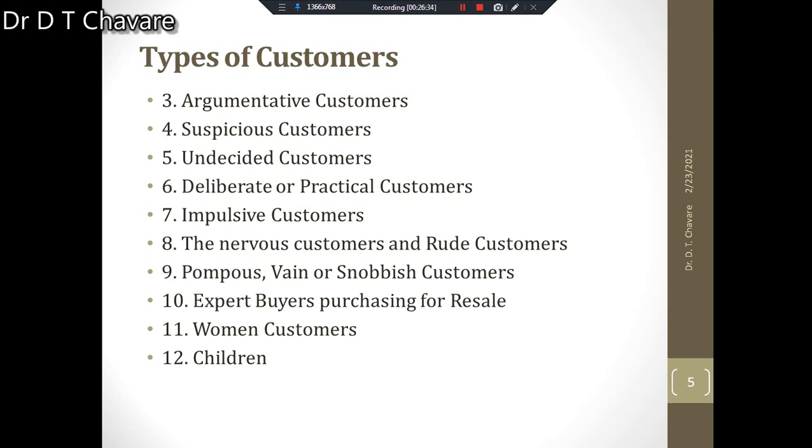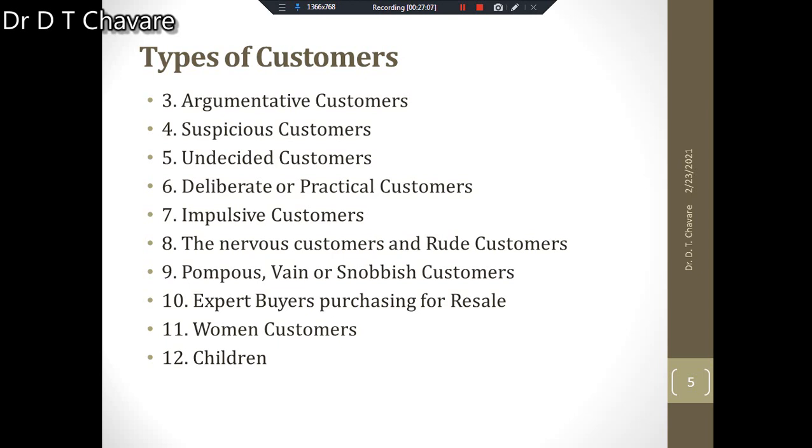Then another type is also there, pompous, vain or snobbish customers. They belong to a class of persons who think themselves superior to others. They boast about themselves and wish for compliments from others. Flattery, praise, promptness, complimenting as and when possible is useful to win them. Such type of customers are also there, and you should know those types also.